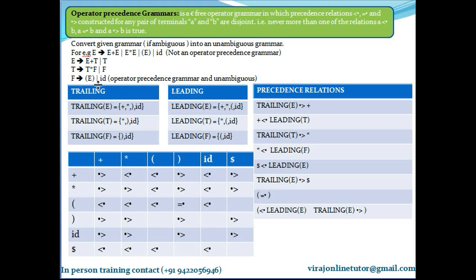So please remember, if the terminals are consecutive to each other, the left hand side terminal is equal to the right hand side terminal. And if there is a single non-terminal separating these two terminals, then again the left hand side terminal is equal to the right hand side terminal. I repeat, if there are two consecutive terminals, the left terminal is equal to the right terminal, and if the two terminals are separated by a single non-terminal, the left terminal is still equal to the right terminal.